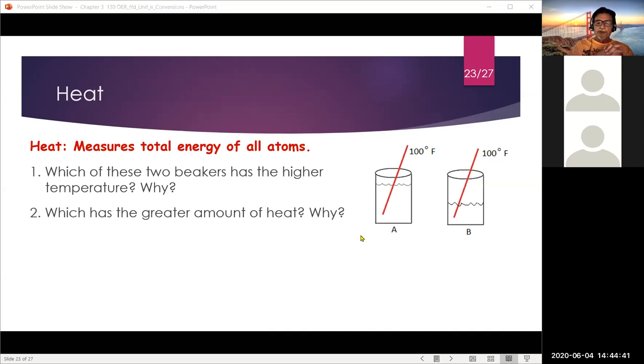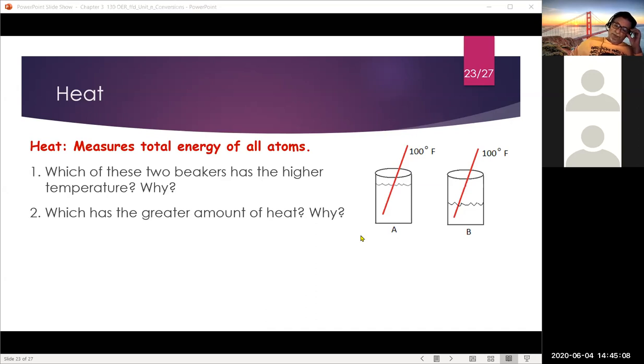Which brings us to heat. Heat is just a measure of the total energy of atoms. When I first saw this question, I did a double take. It says, which of these two beakers has a higher temperature? Well, if you look at the thermometer, they're both reading 100 degrees Fahrenheit. So obviously they both have the same temperature.